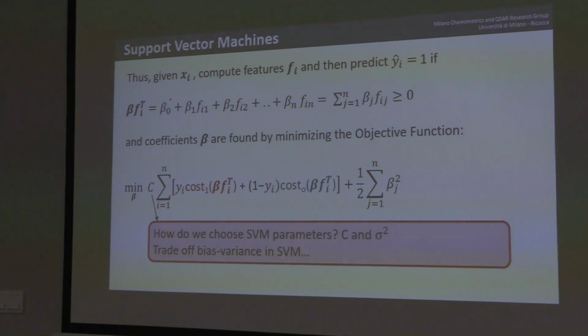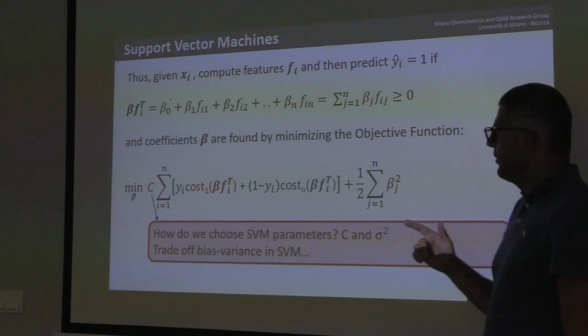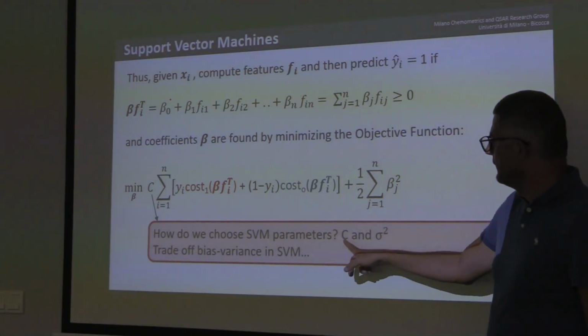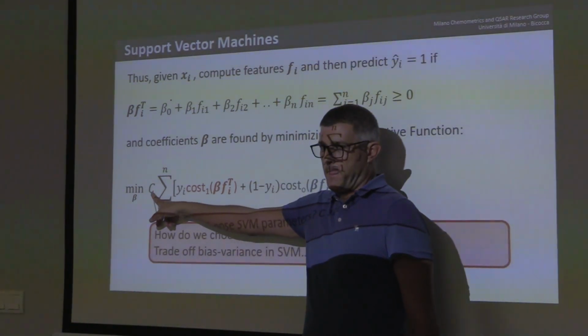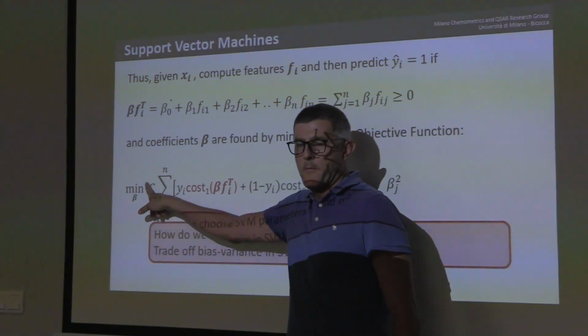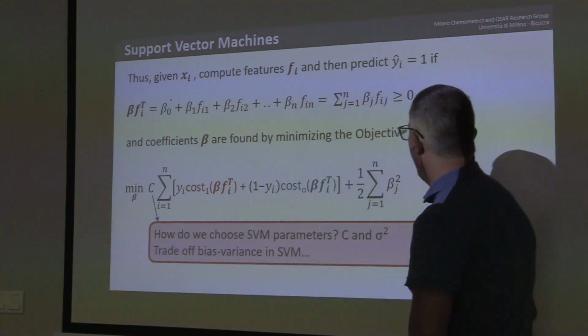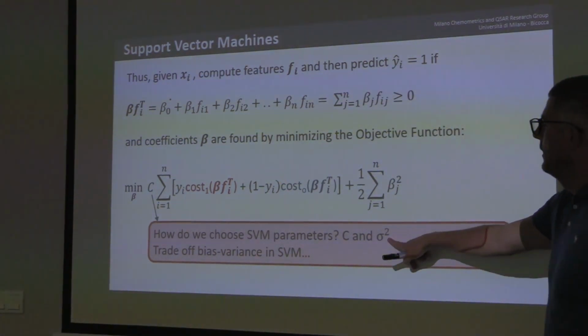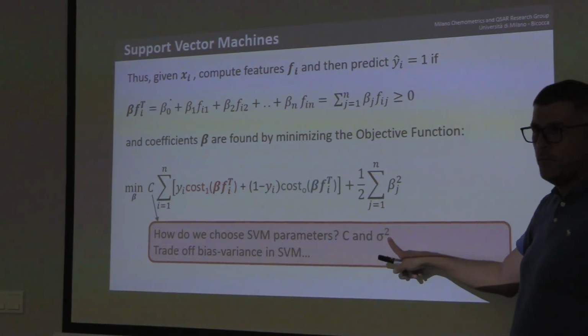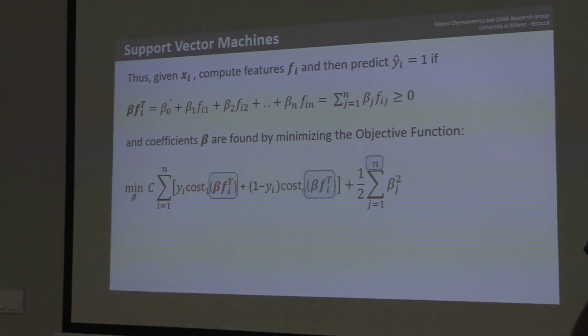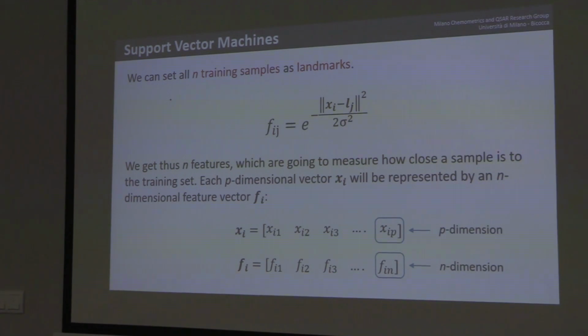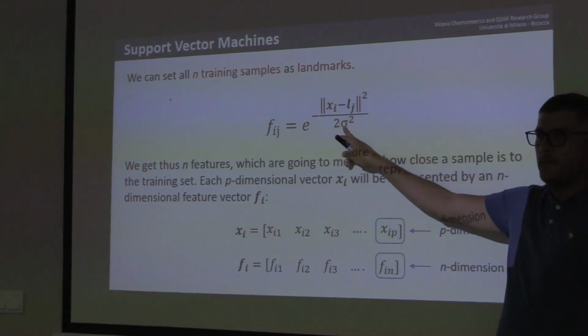Now, from a practical point of view, when you do support vector machines, you have to choose C. We have to put the number here. And also, if you use nonlinear support vector machine, you have to define this sigma.